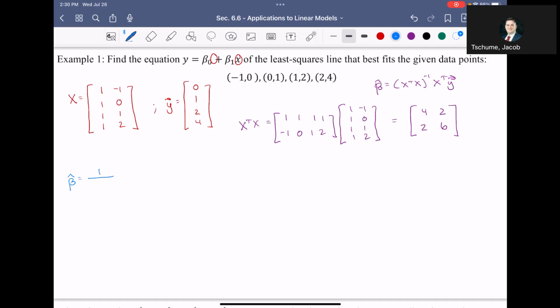It would be 1 over the determinant of X transpose X. Well, my determinant here is going to be 24 minus 4, which is 20. And then for the matrix, you're going to interchange the main diagonal and negate the non-main diagonal. Then you're going to multiply this by X transpose. And then you're going to multiply this by y.